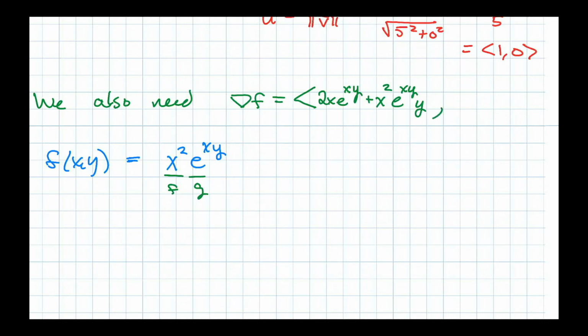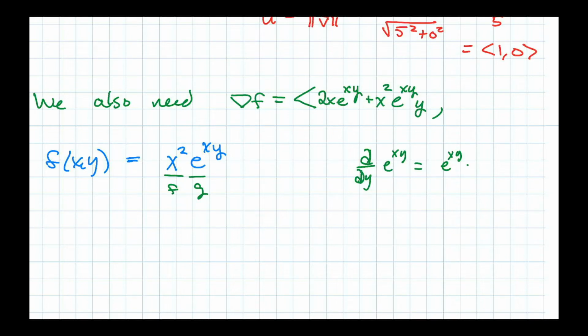Now you need your partial with respect to y, which will be much quicker. There's only one y here. So the partial of e to the xy with respect to y is simply going to be e to the xy times the derivative of what's inside.